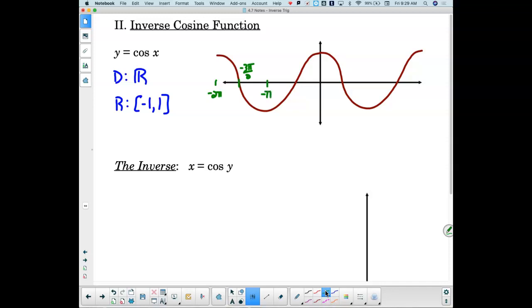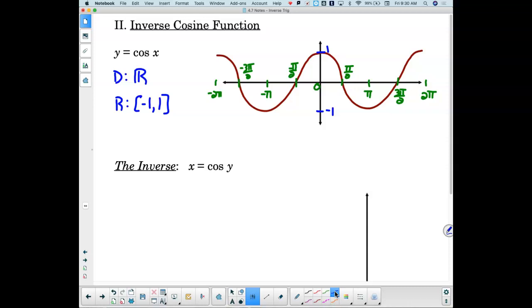Be -pi, -pi over 2, 0, pi over 2, pi, 3 pi over 2, and 2 pi. And then we said it goes up all the way to +1, all the way down to -1. Love it.